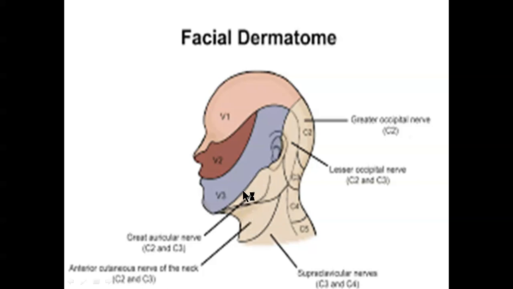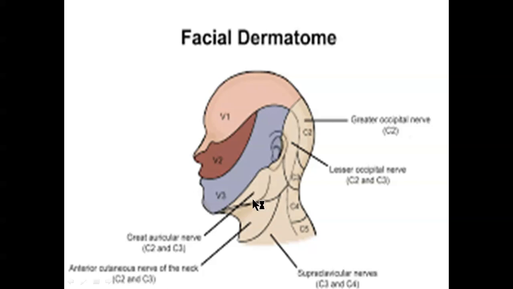Now, greater auricular nerve, this area is very important from a clinical point of view, and for exam purposes, one must remember. Suppose a question is being asked, angle of the mandible is supplied by which nerve?